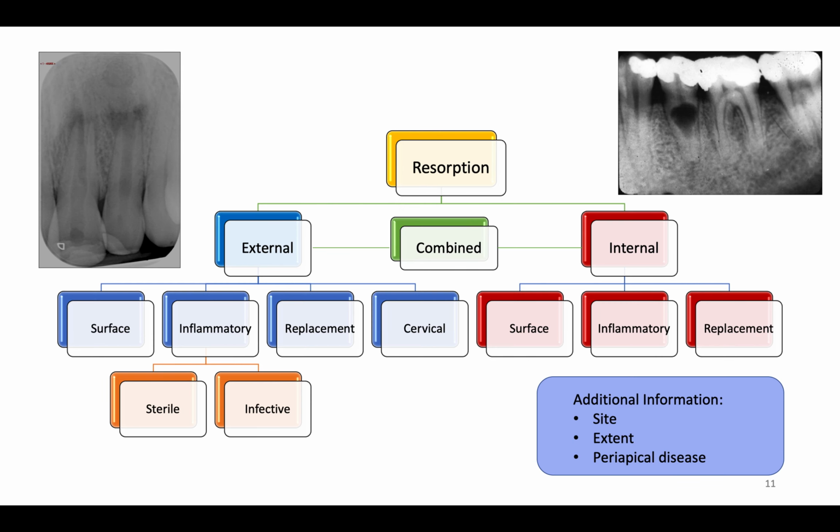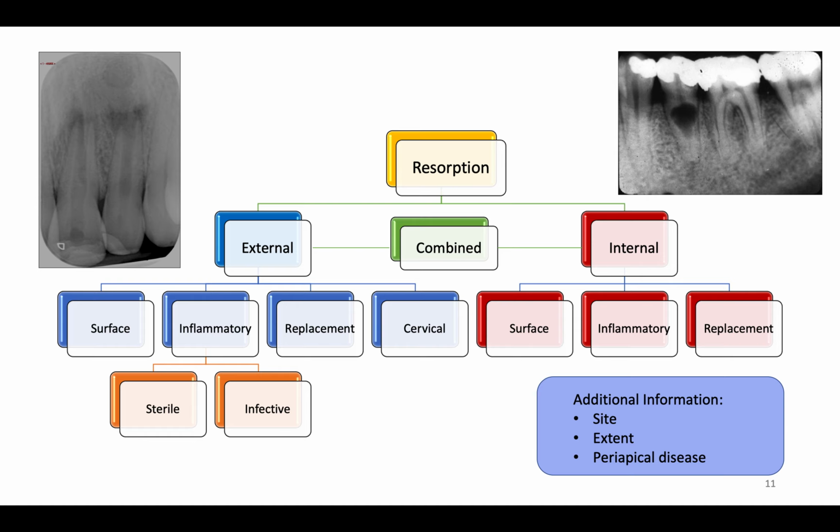Now, root resorption can have two types depending on the surface of the root on which it takes place. So if it happens on the external surface of the root, then it is external root resorption. If it happens on the internal surface of the root, then it is internal root resorption.